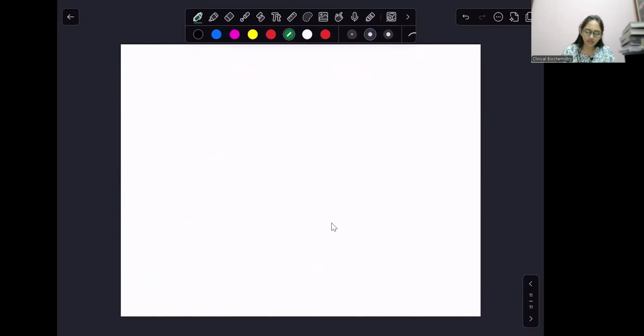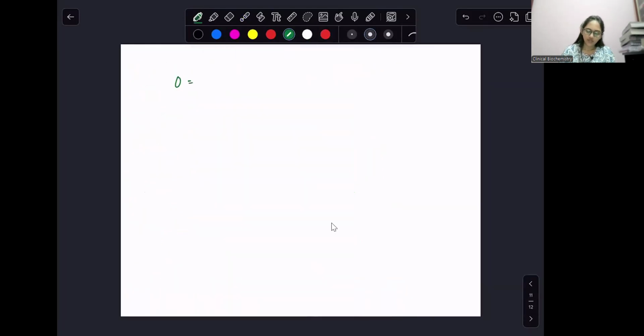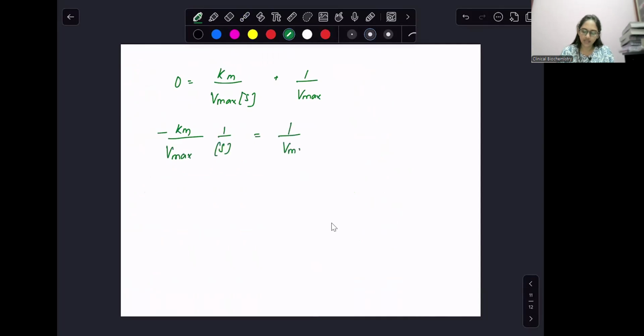It's nothing but, how does the equation go? 0 is equal to Km by Vmax into S plus 1 by Vmax. Now I'm going to bring this minus Km by Vmax into 1 by S is equal to 1 by Vmax.